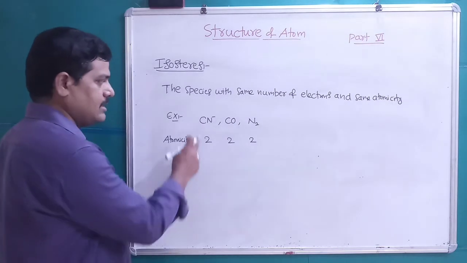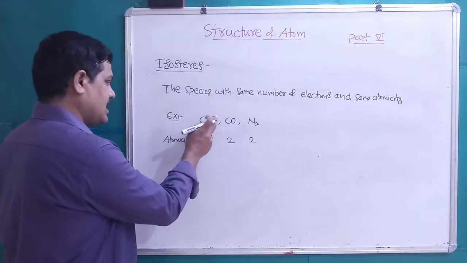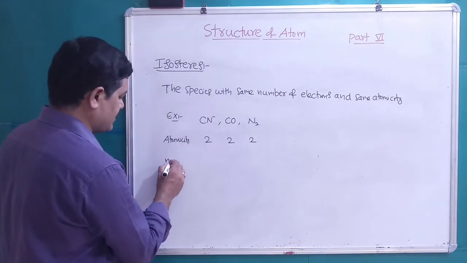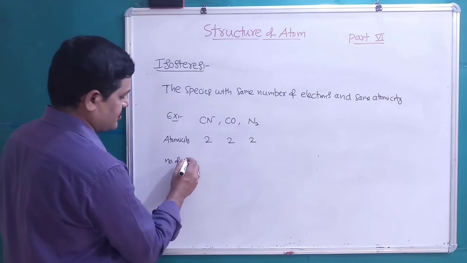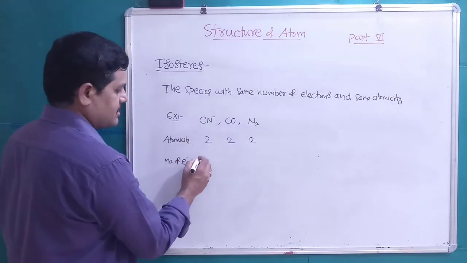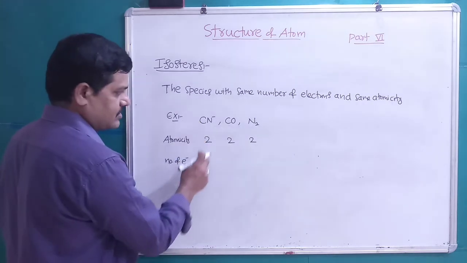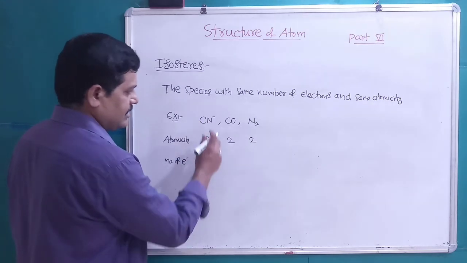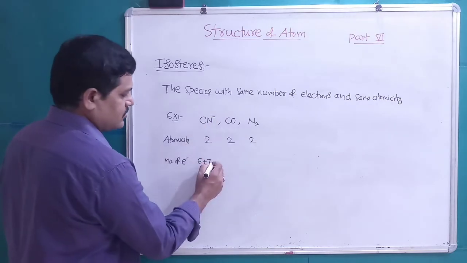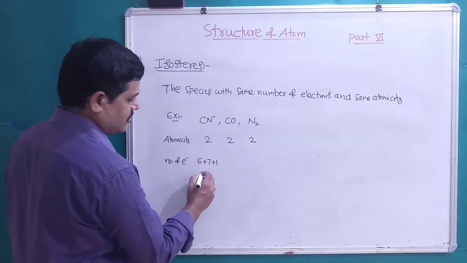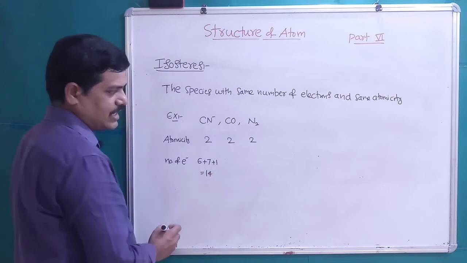For CN-, the number of electrons: carbon has 6 electrons, nitrogen has 7, and when there is a one unit negative charge, we have to add one more electron. The total number of electrons is 14.